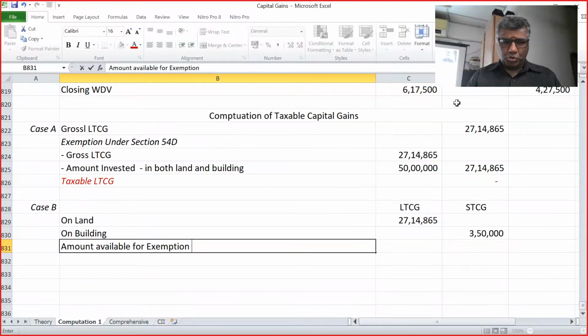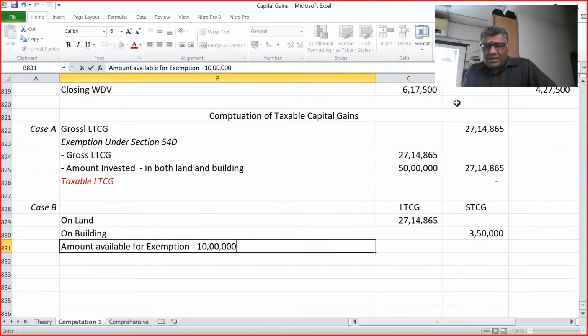In case 2, how much have we invested? 10 lakhs. Amount available for exemption is 10 lakhs because in case 2, I have only purchased a building of 10 lakhs. 10 lakhs is the only amount available for investment.